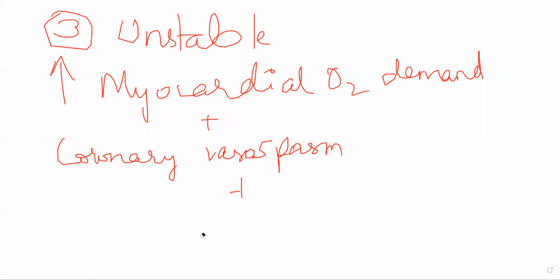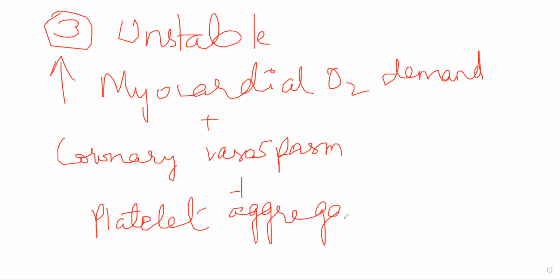Let me put it that way. As platelets aggregate, they will end up making a clot, and all of this will essentially contribute to not enough oxygen and blood reaching your heart. First demand is increasing, then because of the next two reasons, the amount of blood that is reaching your heart is decreasing, leading to unstable angina.